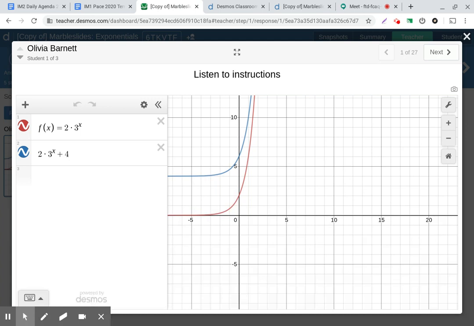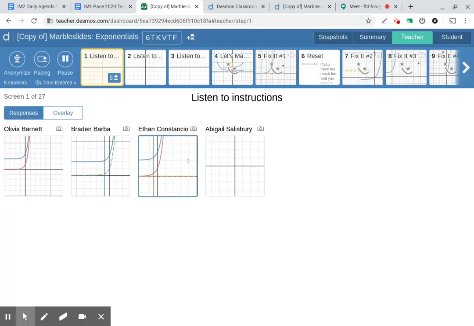All right, guys, I want a new function, and let's make it in a color purple, and I want it to be called p of x, and I want it to be the same as f, but to the right 5 units. To the right 5 units, which means the x's are 5 units.